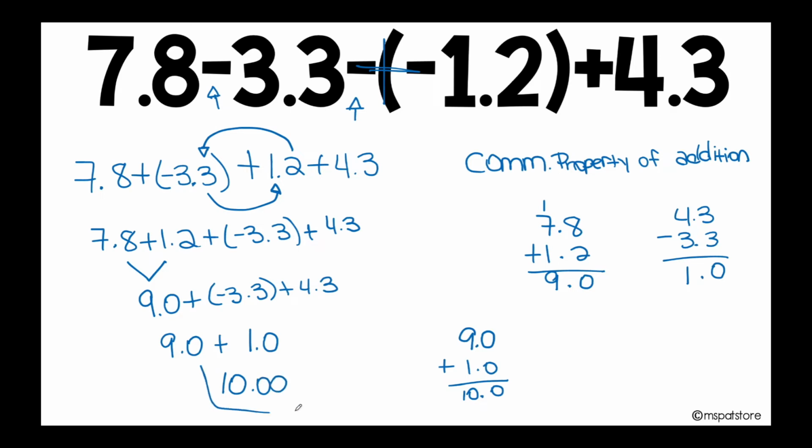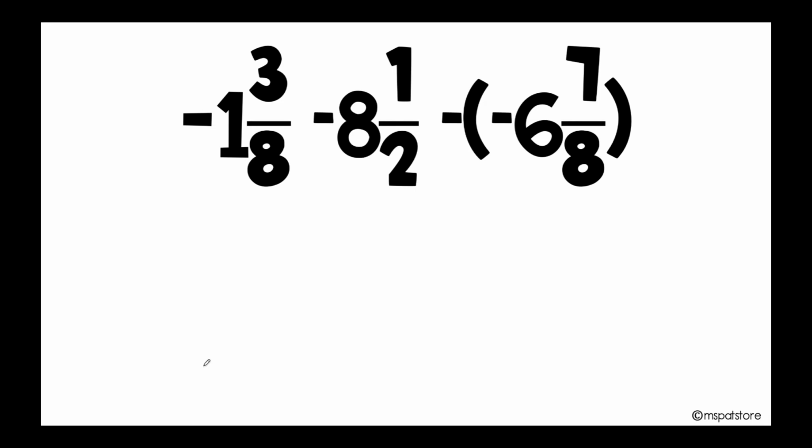So let's take a look at this other example. Pause the video and try to do it by yourself. All right, so here I'm going to be adding and subtracting mixed numbers. The first thing that you need to remember is that whenever you see a subtraction, you need to add its opposite, all right? So in this case, I have subtraction here and also right here.